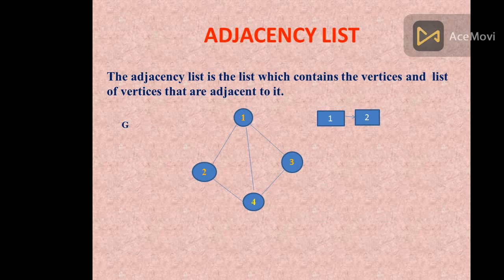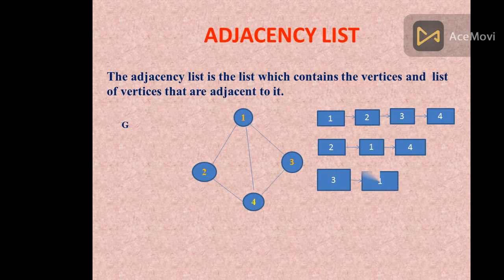Here, for vertex 1, we have 2, 3 and 4 as adjacency vertices. So we will write 1 and the link from 1 goes to vertex 2, and the link from vertex 2 goes to node 3, as well as from 3 we have link to node 4.